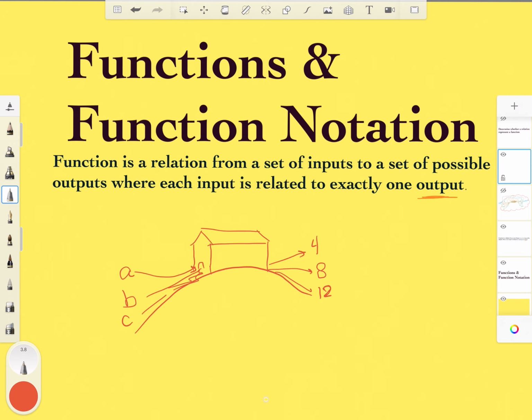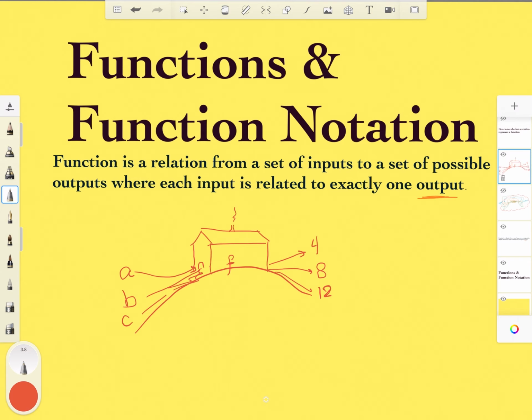So if I tell you this is a function, a valid function, what is the input? We know this is the input because we are inserting it inside of the factory. We will write it as A, comma B, comma C, and we have to put it in brackets.